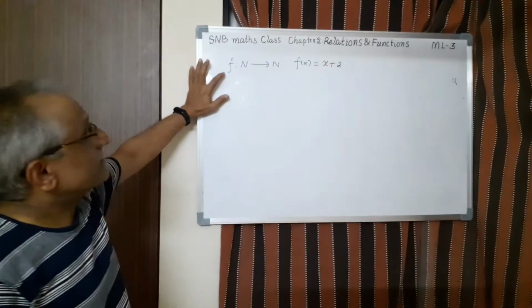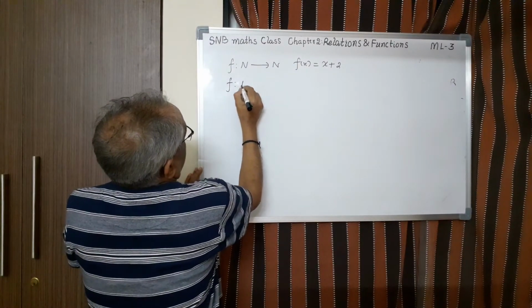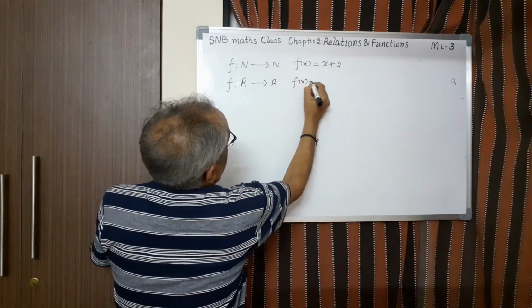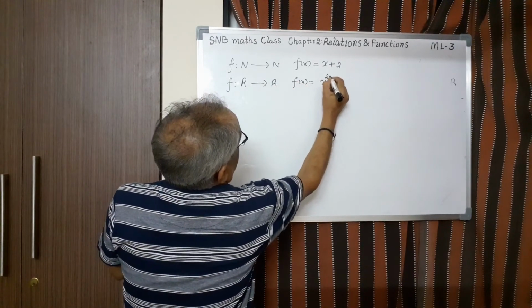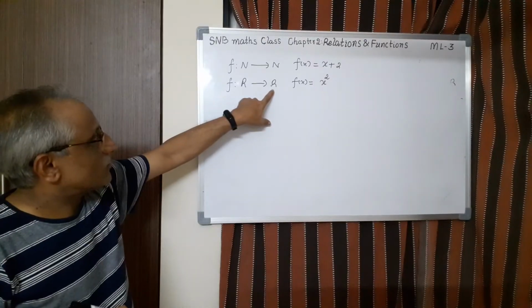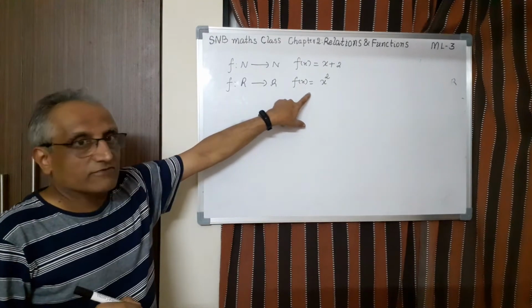This is a real function. It is real valued as well as real. Similarly, suppose you take f from R to R defined by f of x equal to x square. This is a real function once again. Domain is the set of reals, codomain is also the set of reals.